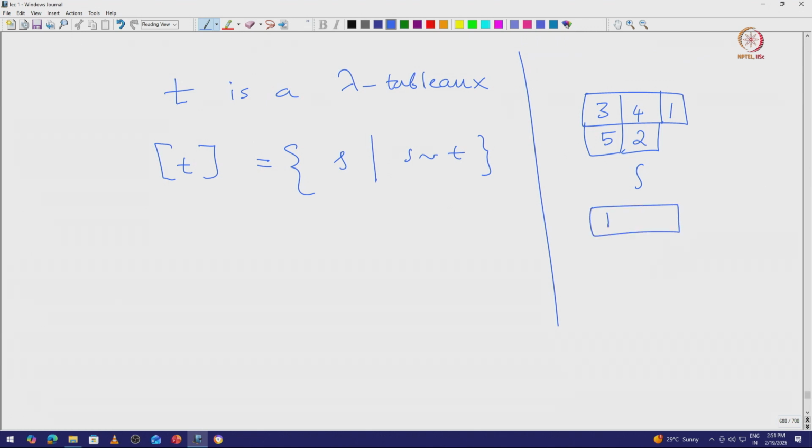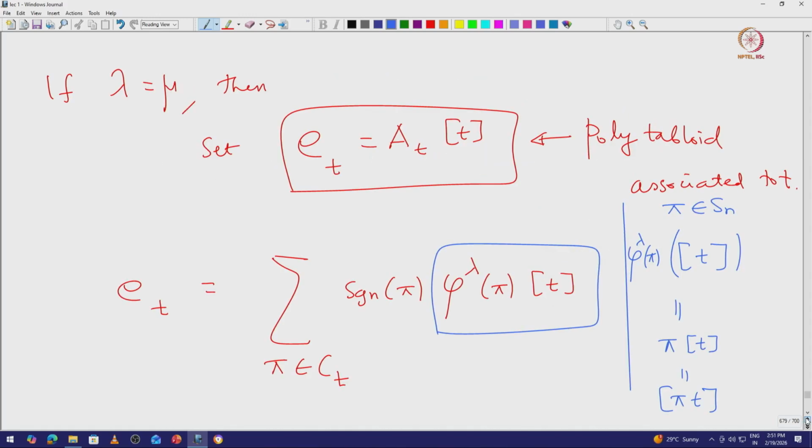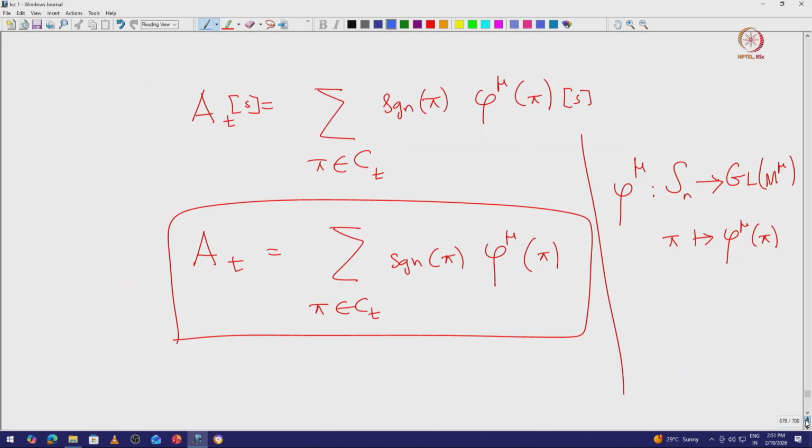So I can write it as 1, 3, 4 and then 2, 5. Now, what this operator A_T does is take care of the column permutation. The equivalence relation takes care of the row permutation and A_T takes care of the column permutation.